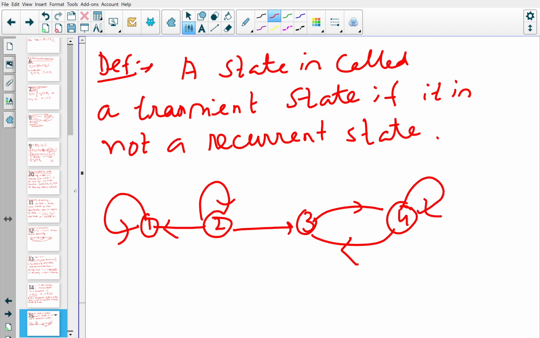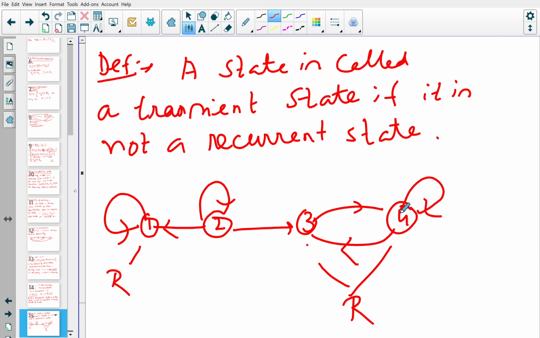Now you see that 1 is a recurrent state. Why? Because from 1 you can only go to 1 itself. And by definition, if you go to somewhere, from there you can come back to 1. Similarly, 3 and 4 are both recurrent states.